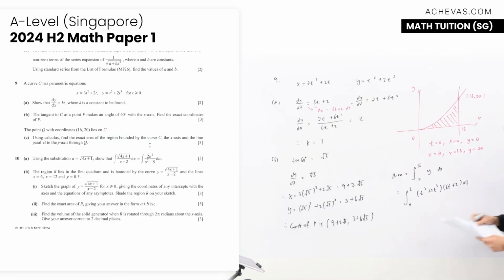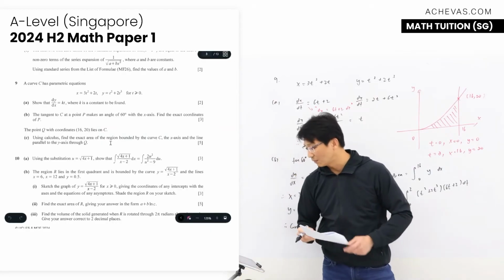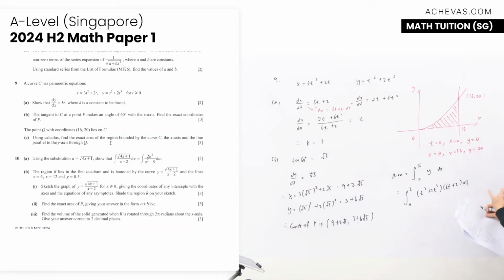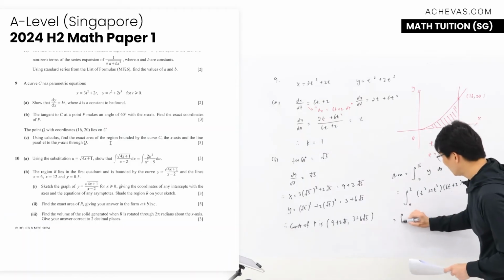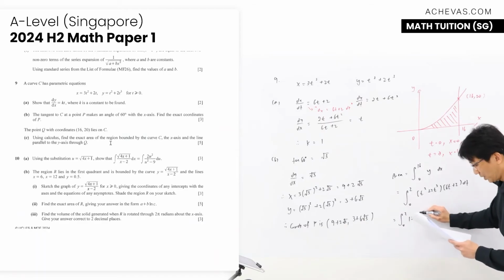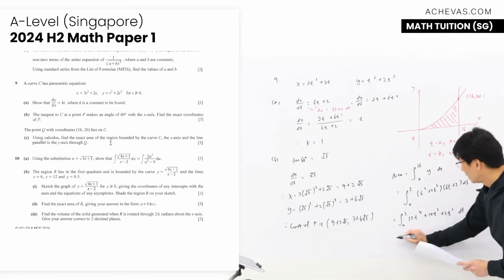Now let's look at the question again. The question wants us to find the exact area, so we are not allowed to use our calculator. I'm going to do an expansion for this first. By expanding this, I will get 12t^4 plus 10t^3 plus 2t^2 dt.